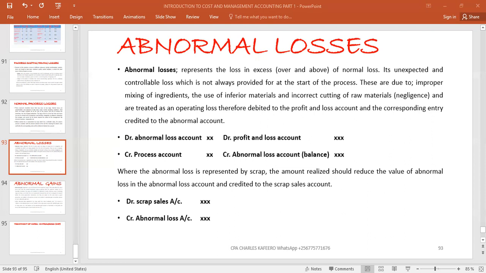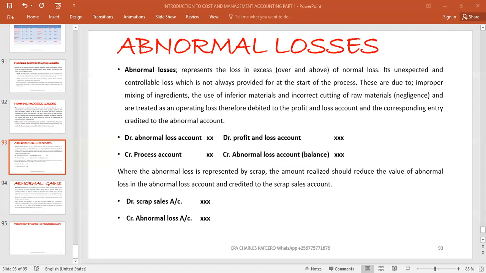So we are saying that these are due to improper mixing of the ingredients. An example I can give you, let's say someone was just making chapati, and instead of mixing salt properly, because one of the ingredients they put in chapati is salt, you find that the person has put in too much salt.